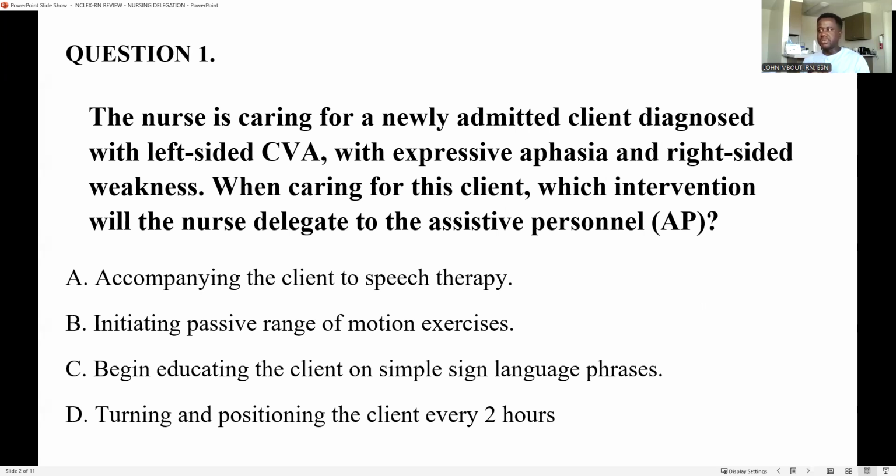You say assistive personnel or unlicensed assistive personnel, UAP. The first option says accompanying the client to the speech therapy. B says initiating passive range of motion exercises. C says begin educating the client on simple sign language phrases. D says turning and positioning the client every 2 hours.